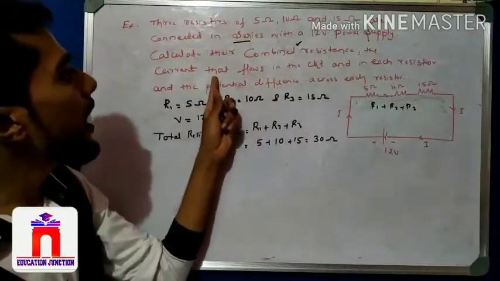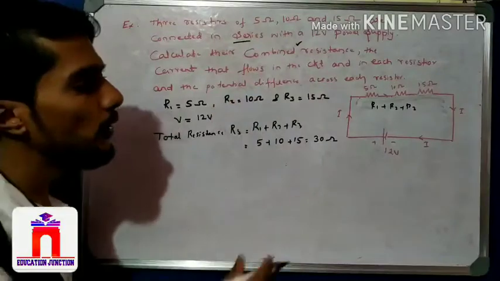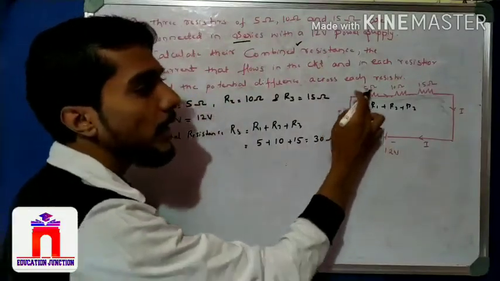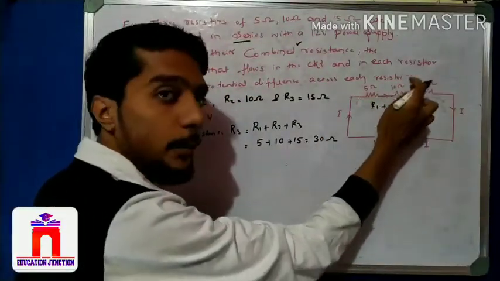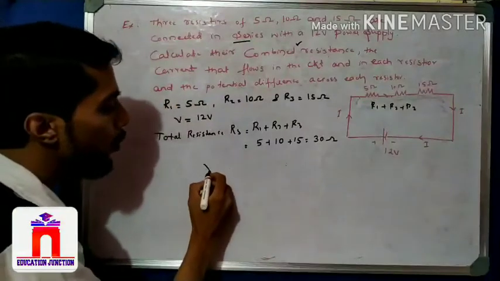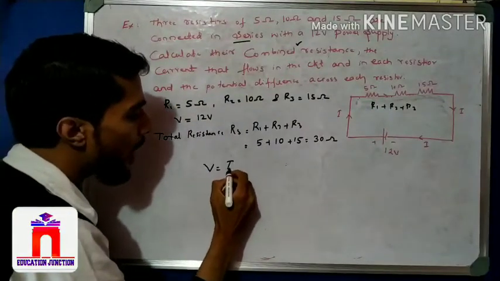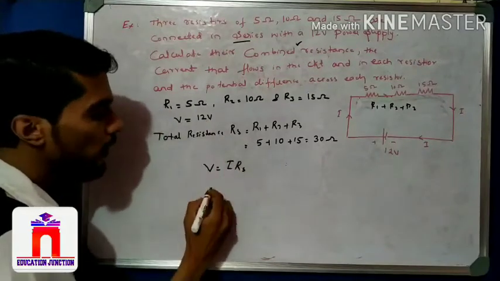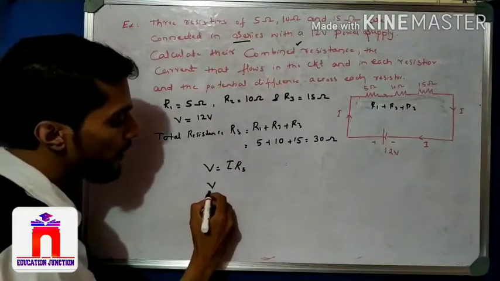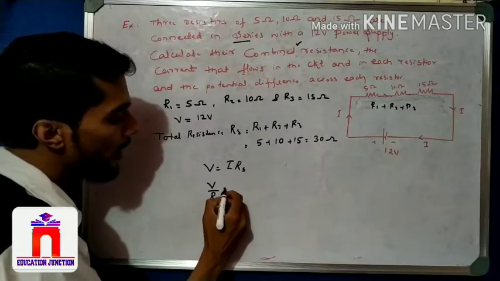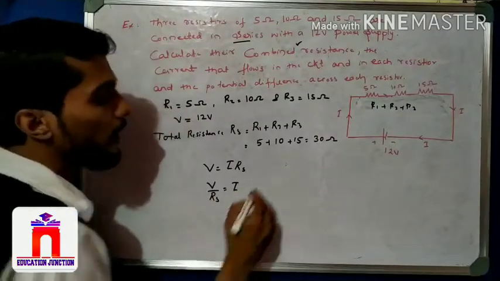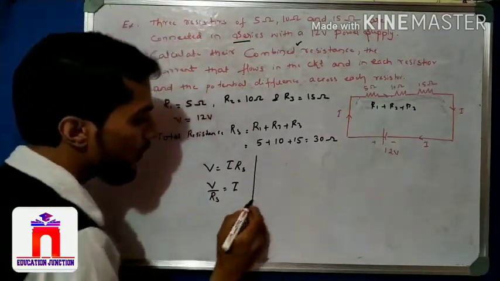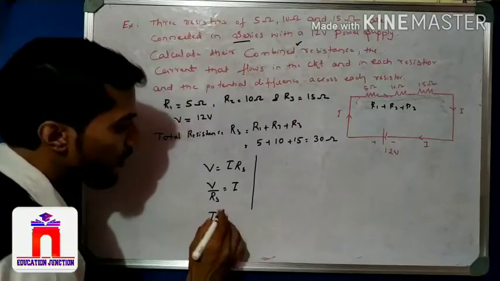The current that flows in the circuit, right? We know that in series the same current flows through the 5 ohm, 10 ohm and 15 ohm resistors. So we know Ohm's law, V is equal to IR. In place of R I can write RS, the series resistance. So I is equal to V by RS. What is V?